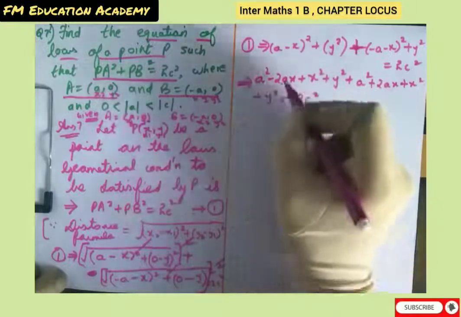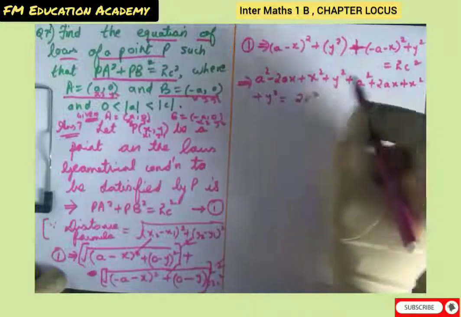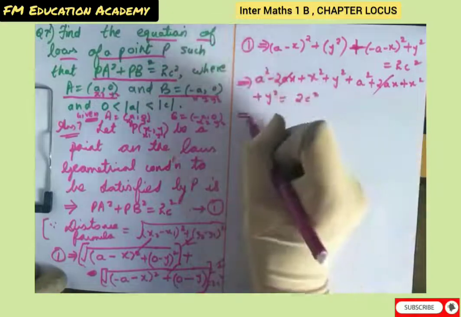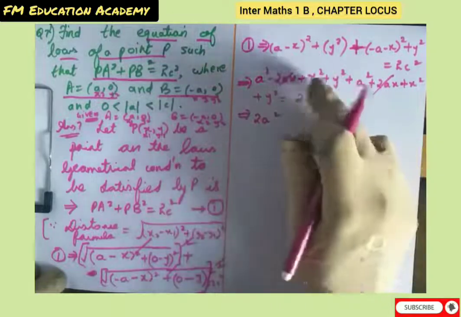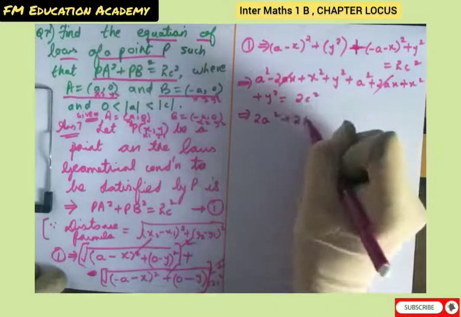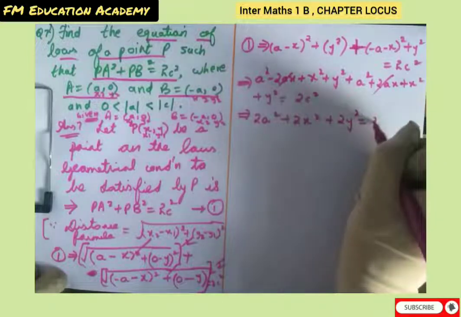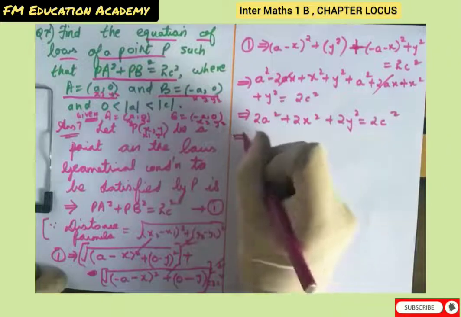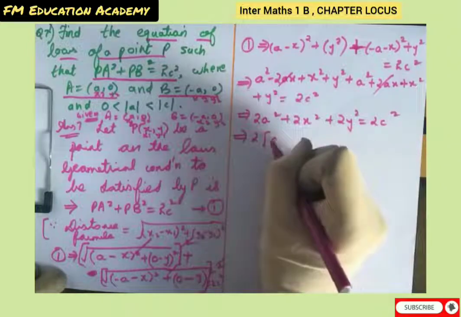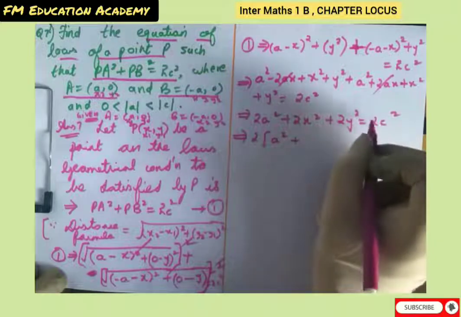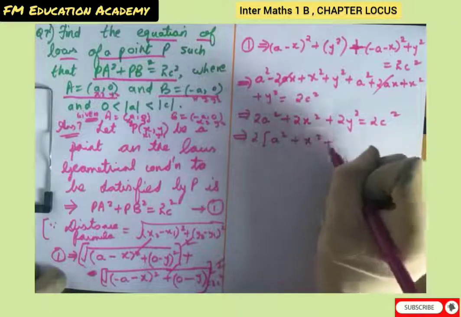Now on the LHS we have minus 2ax and plus 2ax. Since they have opposite signs, both will get cancelled. A square plus a square is 2a square plus x square plus x square is 2x square plus y square is 2y square is equals to 2c square. So what we can do, we can take 2 common out because 2 is present on LHS as well as RHS, and all the terms.